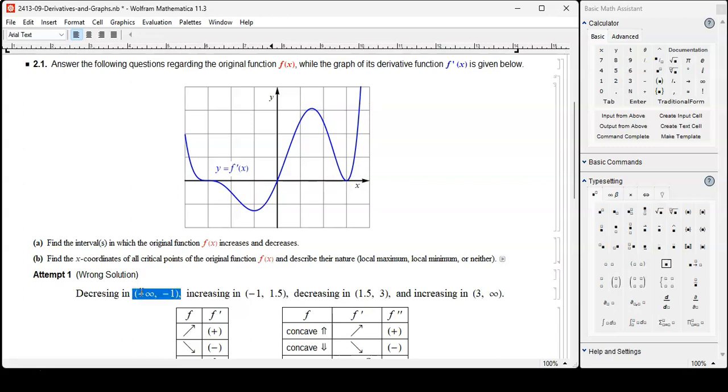Do you see that? Decreasing, and then increasing, decreasing, and increasing.